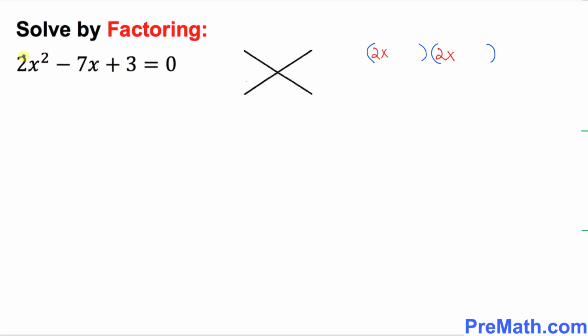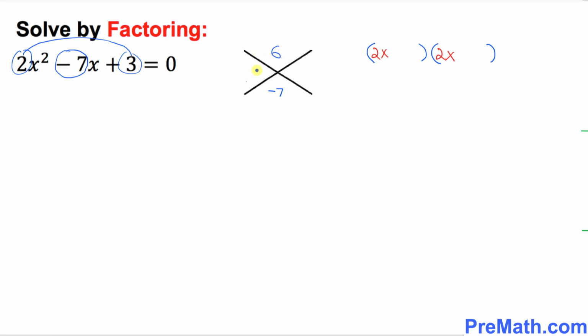In the next step, I want you to multiply these end numbers, 2 times this 3. Just put down 2 times 3 is 6 on the top of this x factor, and this middle number must go at the denominator. Now let's find the possible factors of 6.